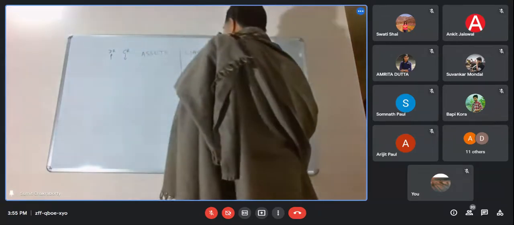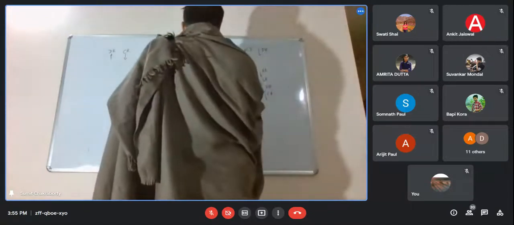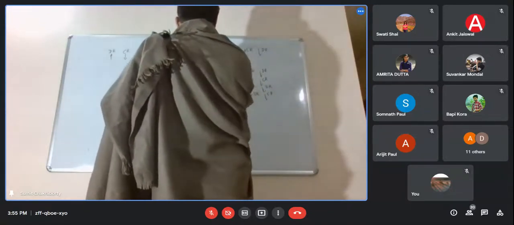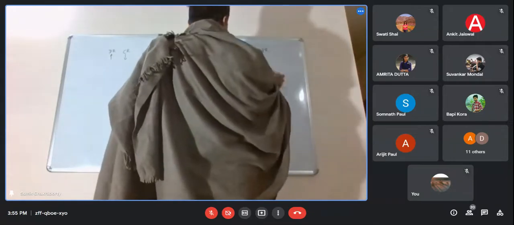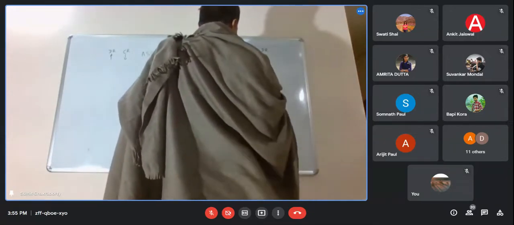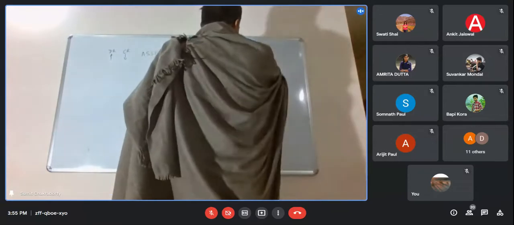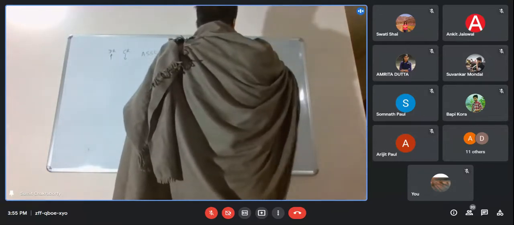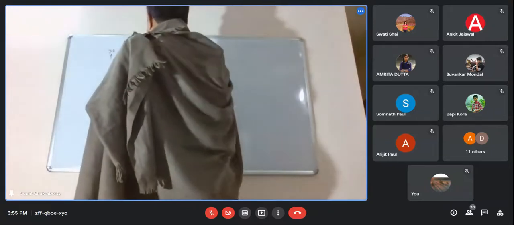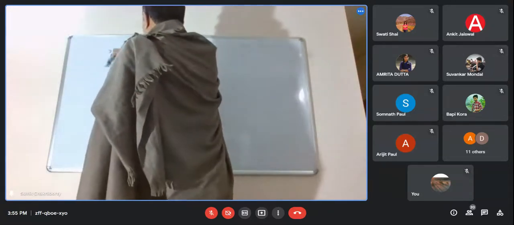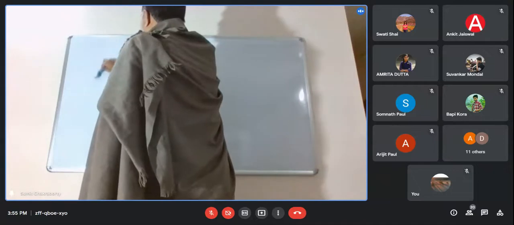Anyways, you have this, right? Always this diagram, remember the assets, liabilities, which increases, why to be debited, why to be credited.